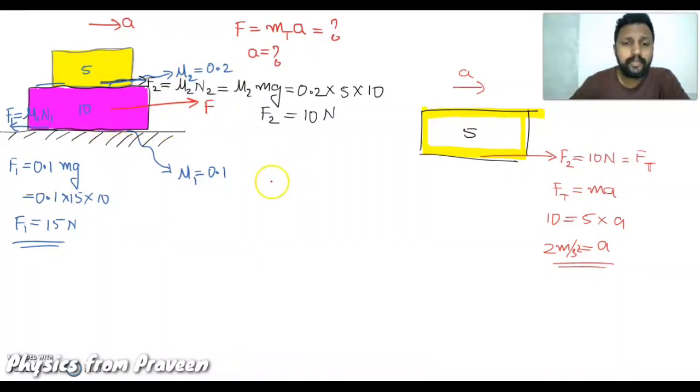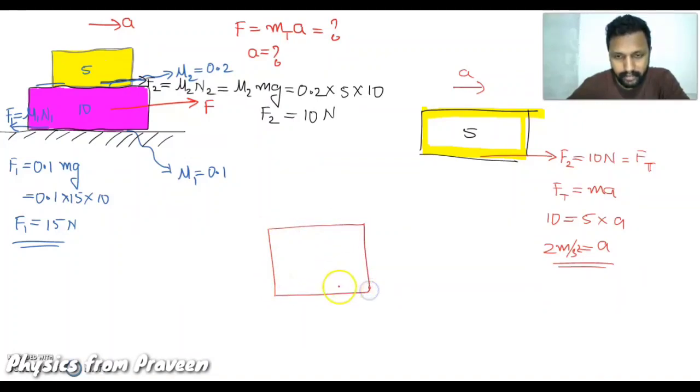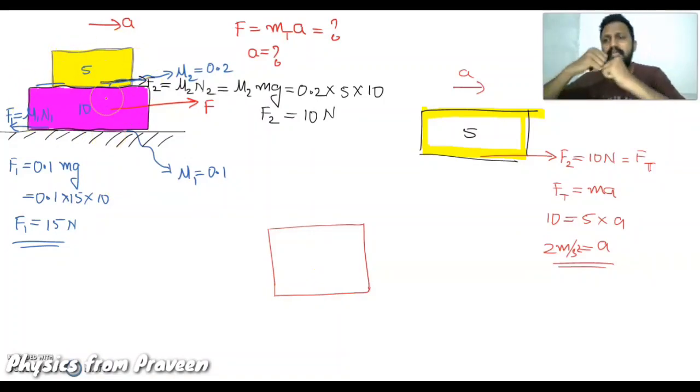If you are taking this as a single system, after finding out the common acceleration, since we know these two substances are sticking together and not moving apart, we can replace the 10 and 5 kilogram as a single system, that is 15 kilogram. Let's analyze the situation.